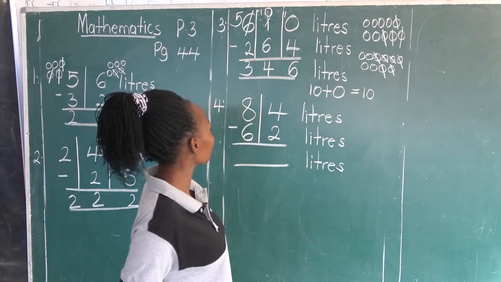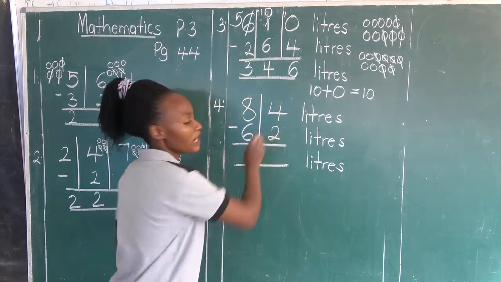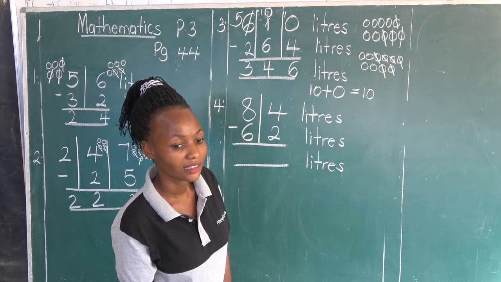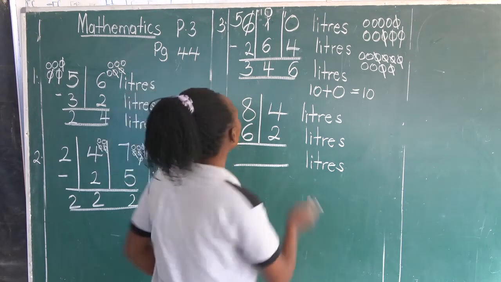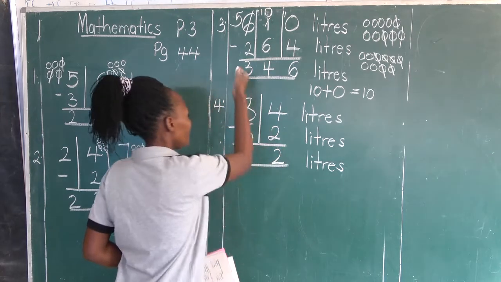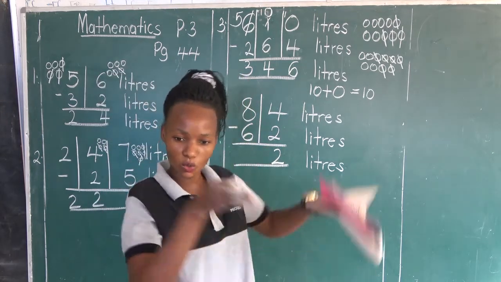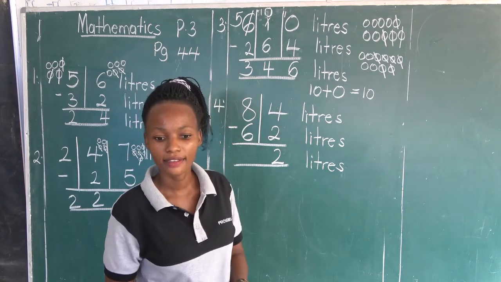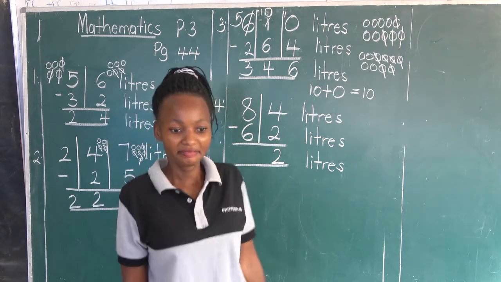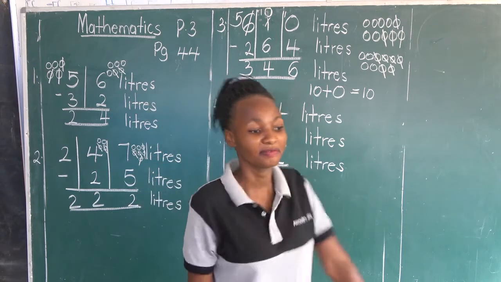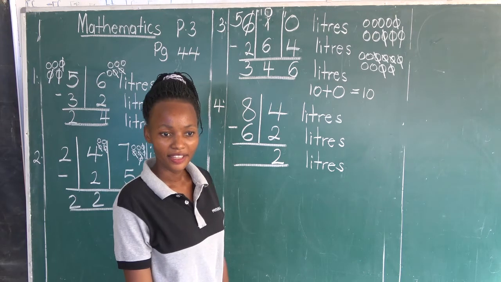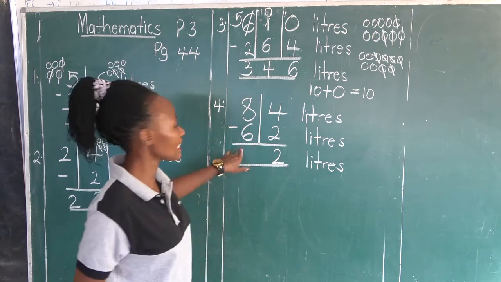Now tell me the answer. What have you got for 4 take away 2? 2. Okay. Now come to tens. Work it out and tell me what you have got. Now if you've seen the answer, tell me.